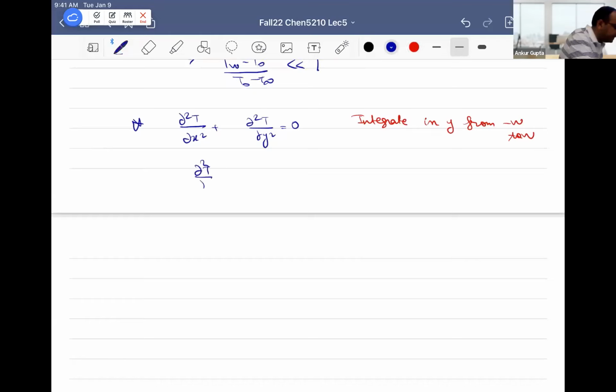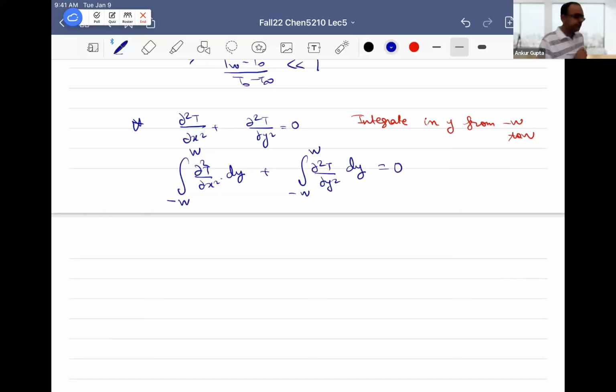Del square T by del square y. And I hope, since this is a math course, you understand this. You can also change the order.